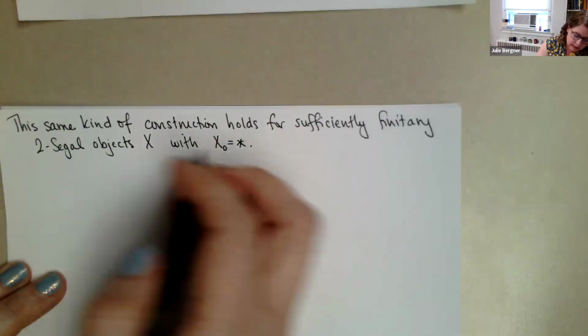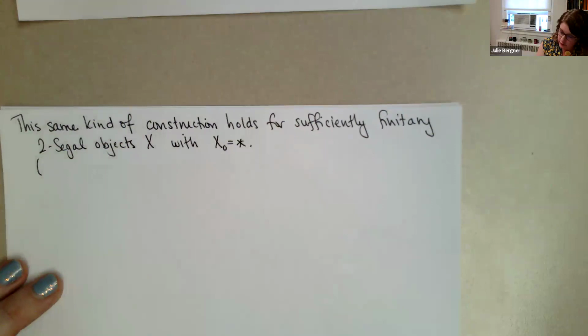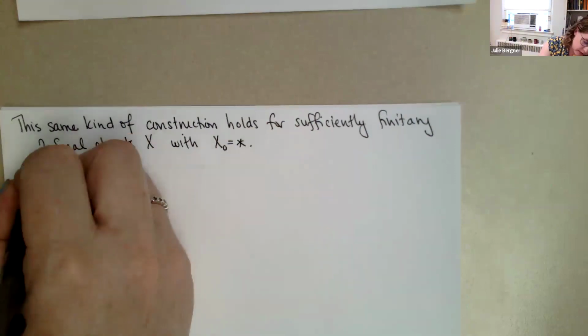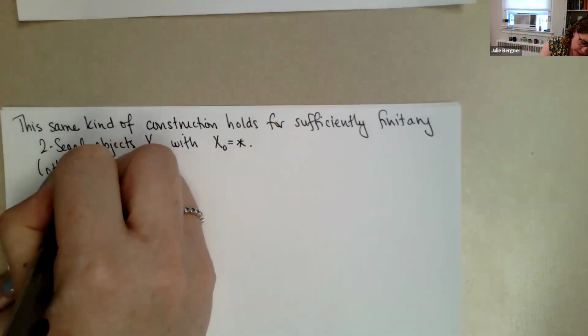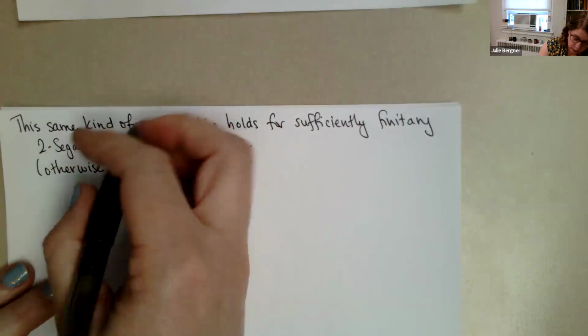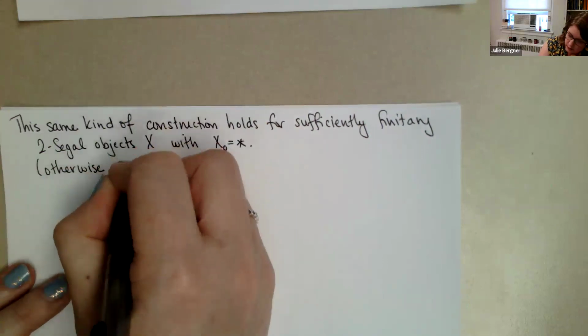Now, if you drop this assumption, you don't get an algebra, you get a k-linear category. So it's a perfectly good thing to do. You just get something more complicated than an algebra.